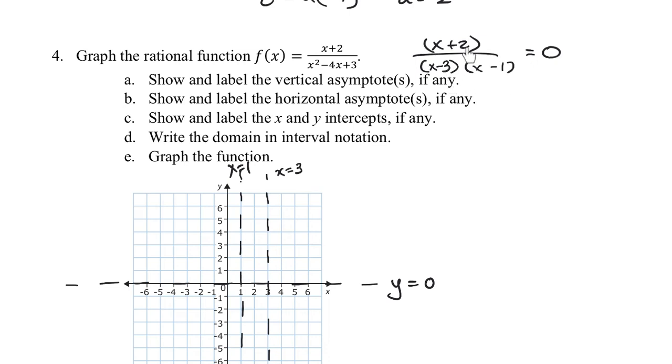If the numerator is 0. 0 divided by anything is equal to 0. So the only way that this rational expression is ever going to equal 0 is if the numerator equals 0. Well, what makes the numerator 0? Negative 2. So by setting y equal to 0, we get a solution of x equals negative 2. So the x-intercept is x equals negative 2.